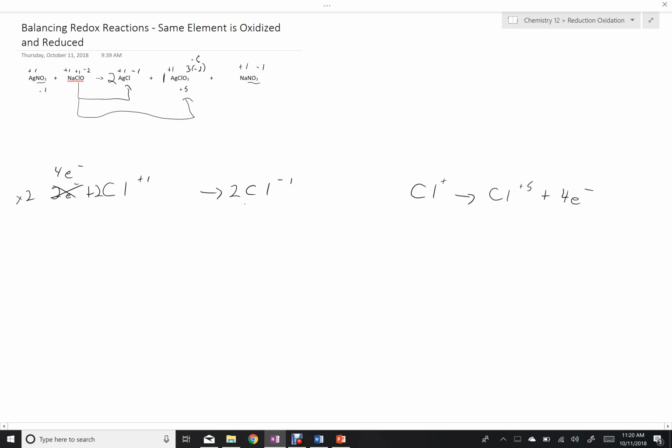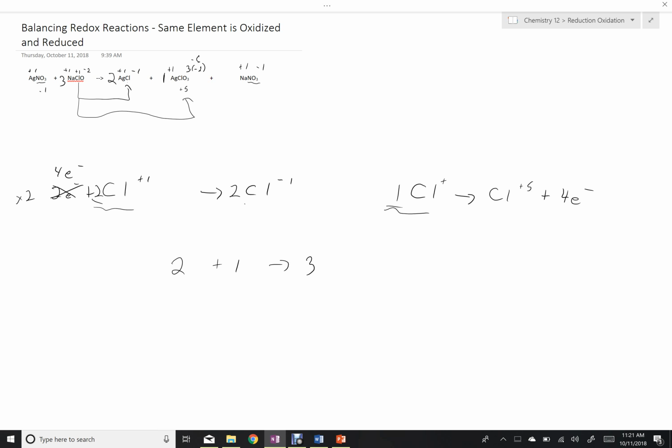But what should I do about my chlorine on this side? Well, the way to think about this is that the chlorine must feed this reaction and this reaction. So it's providing 2 to this reaction and 1 to this reaction, so it must provide 3 chlorines to provide both of the balanced half reactions. So I can simply total my coefficients to recognize the total amount of chlorine that must be supplied.